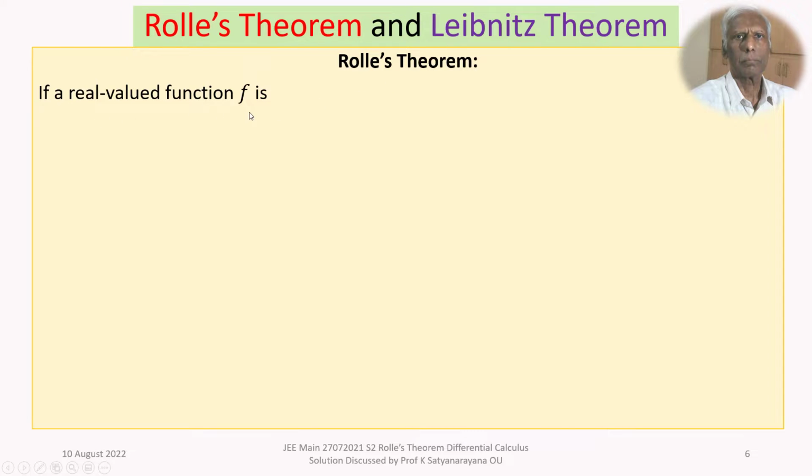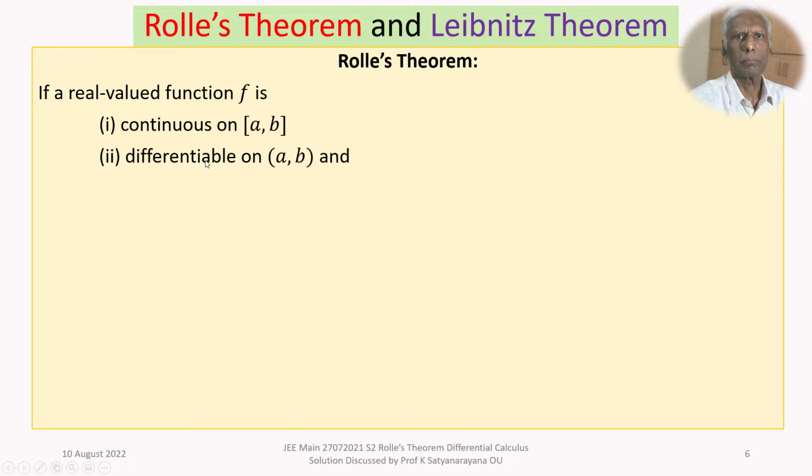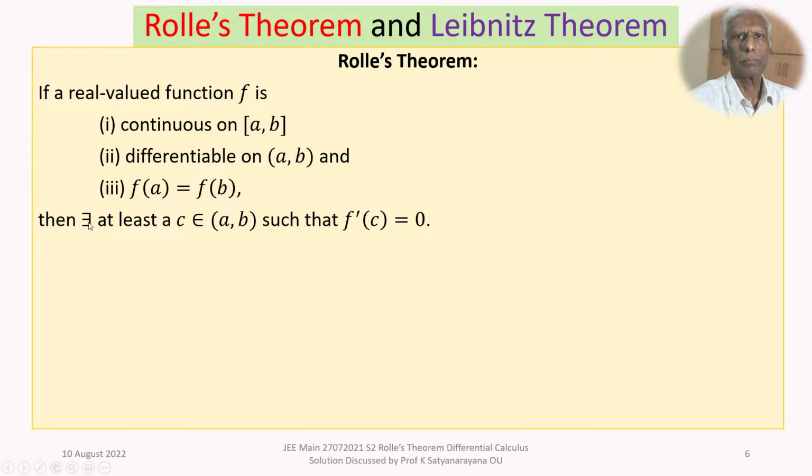If a real valued function f is continuous on the closed and bounded interval [a, b], differentiable on the open interval (a, b), and f(a) = f(b), then there exists at least a point c in the open interval (a, b) such that f'(c) = 0.